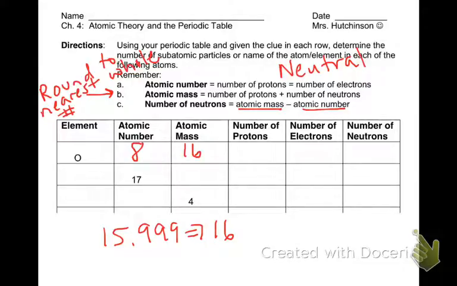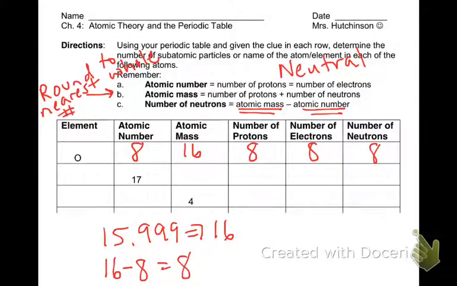Our atomic number is always going to be equal to our number of protons. It's also our nuclear charge. Since all atoms are neutral, our atomic number is equal to our number of electrons. And last but not least, to find our number of neutrons, we'll take our atomic mass and subtract our atomic number. So we'll get 16 minus 8, which is 8.